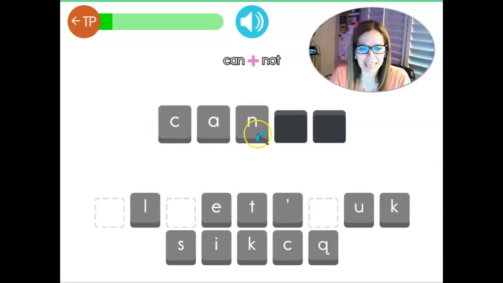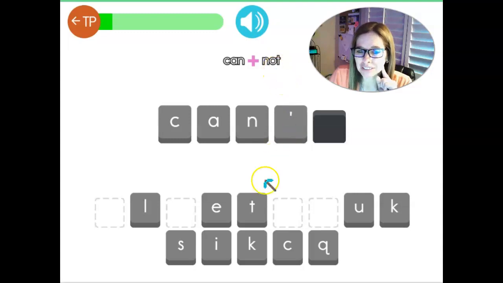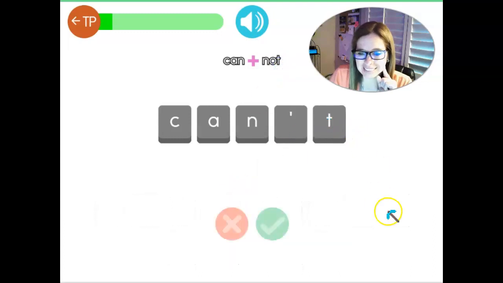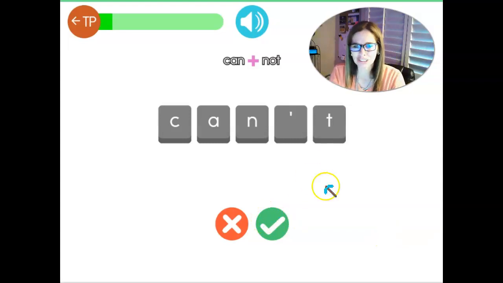So I can spell can and then I need to think can't. In this second word here, the only letter that's left is this T. These two popped out. And what takes their place? That apostrophe. Can't. So I'm only going to keep this T from that second word. Can't. Let's check it. Hearts and stars.